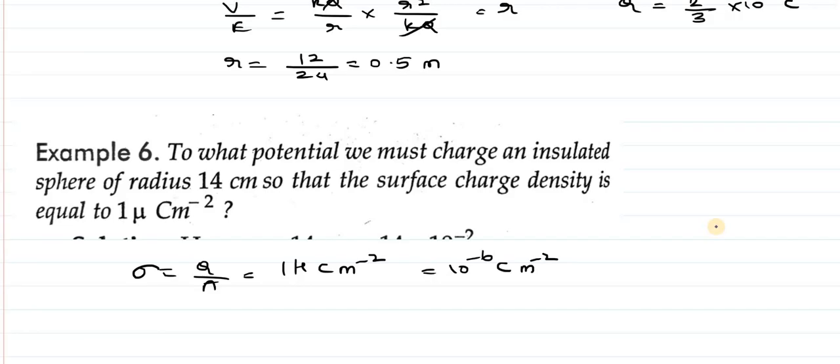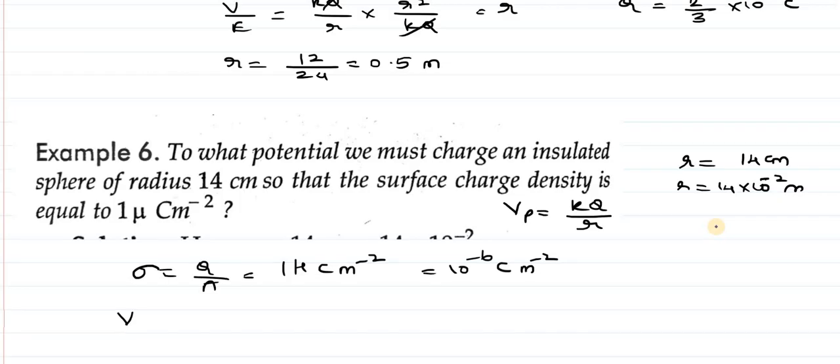They are asking you to find out the potential, that is KQ by R. The radius of the sphere is 14 centimeter, that is 14 into 10 to the power minus 2 meter. So potential we need to find, but before that we need charge, correct? So it is equal to KQ by R.